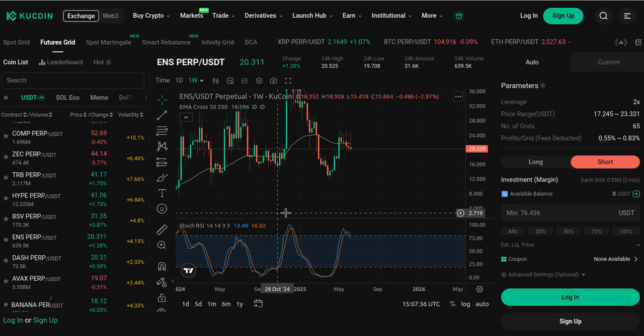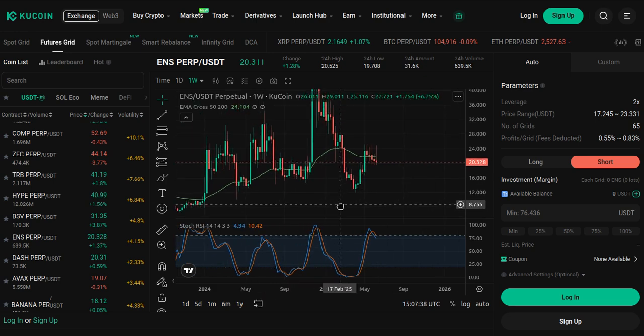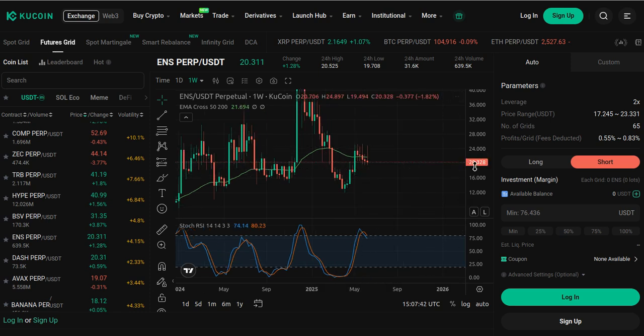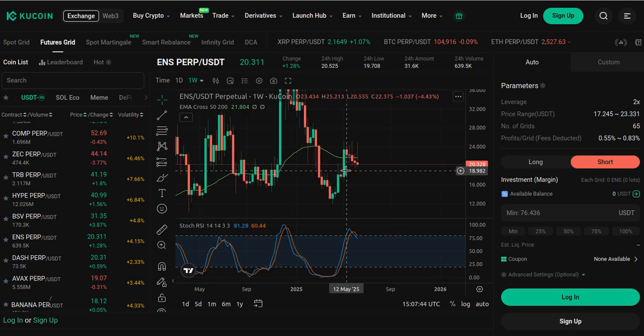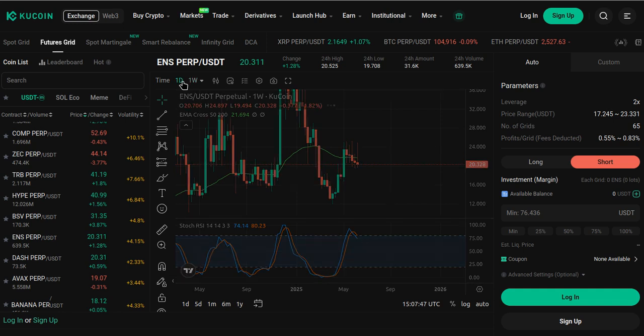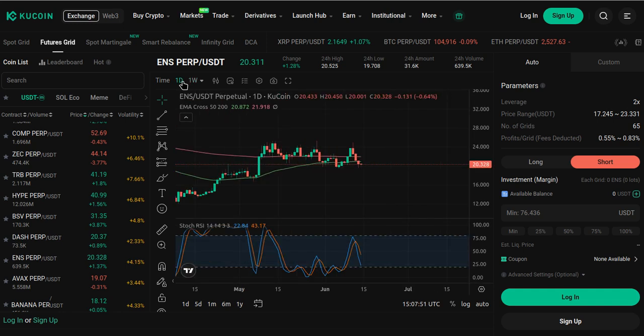And yeah, it looks perfect because you can see right here. This is a fallen three soldiers on the weekly chart, and then you have another fallen three soldiers below the 50-day moving average here.